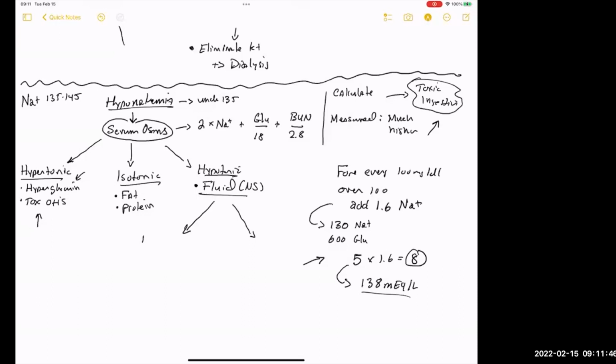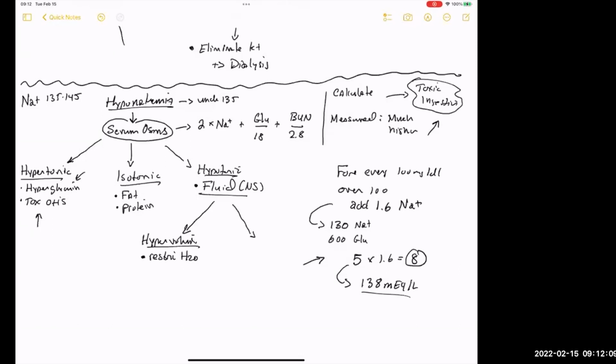And this is hypervolemic. If they're fluid overloaded and their sodium is low, obviously we need to restrict water. All right, we want to restrict water.